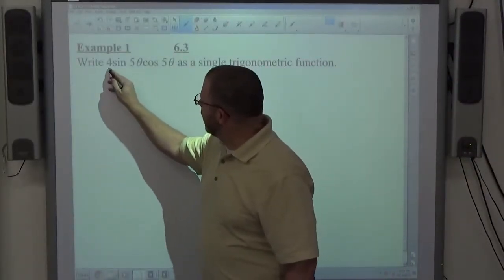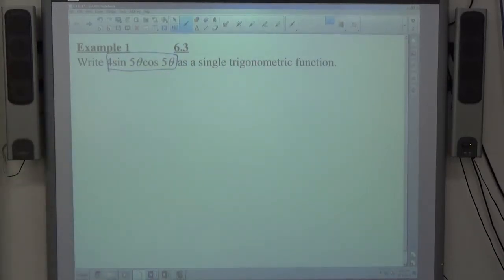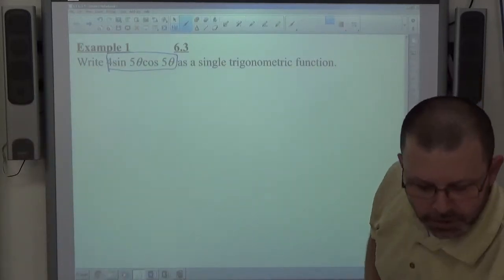What I'm looking for when I try to write something as a single trigonometric function is a structure that matches something that's on my sheet. So if you take a look at number 35, I believe it is.